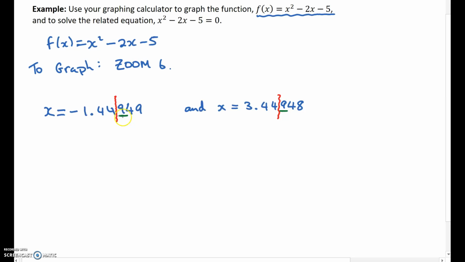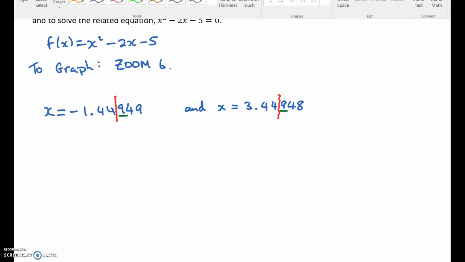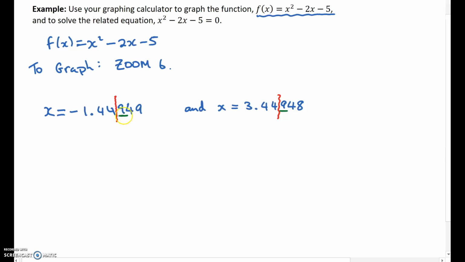So in this case, because 9 is greater than 5, it's going to bump this one up.